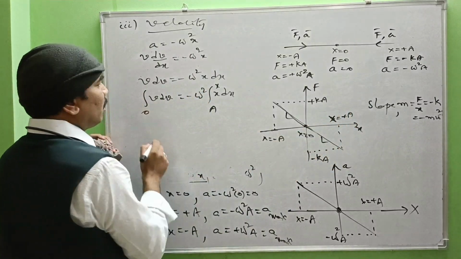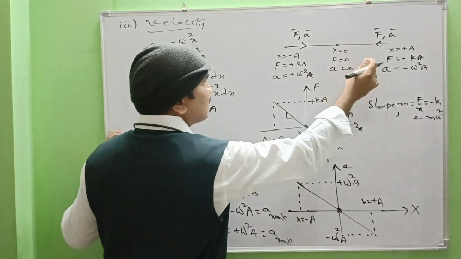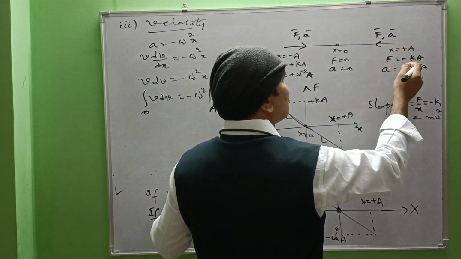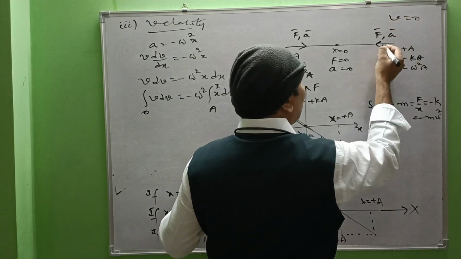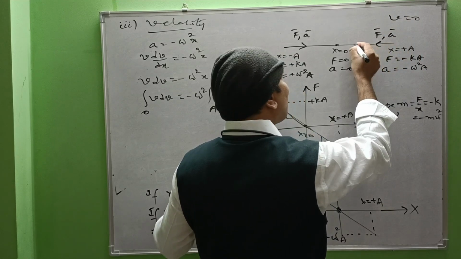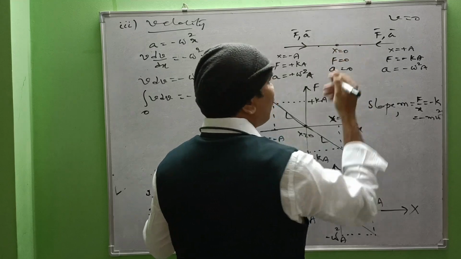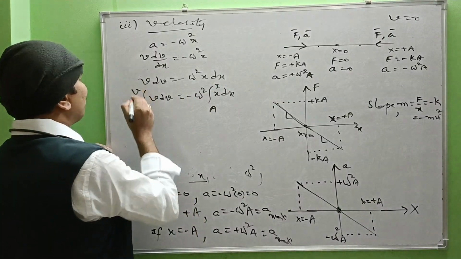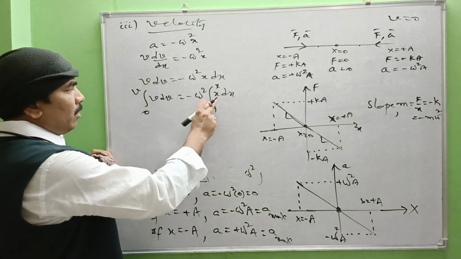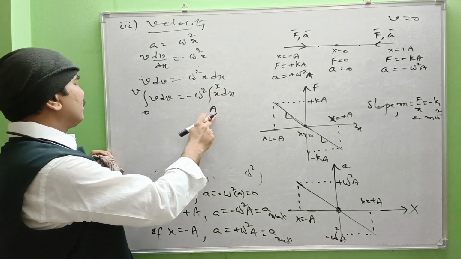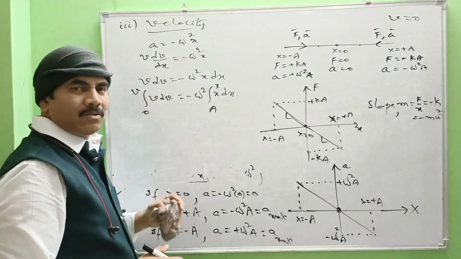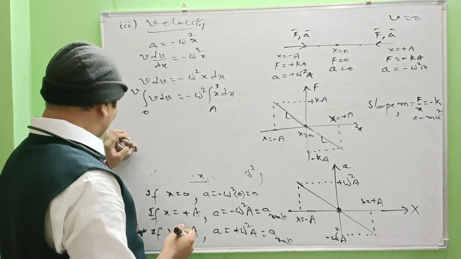Zero. Eventually it reaches somewhere else, and there the velocity is v. So when position is plus a, velocity is 0, and when position is x, velocity becomes v. Those are the limits we are going to consider.